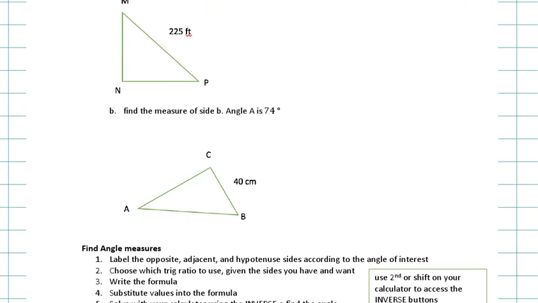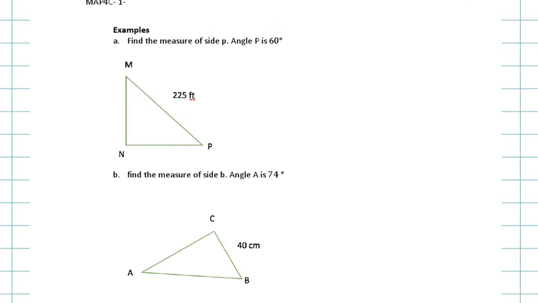So, I have a right angle triangle. The question is telling me to find the measure of side P, knowing that angle P is 60 degrees. So where's angle P? Angle P is right at the bottom. Where's side P?